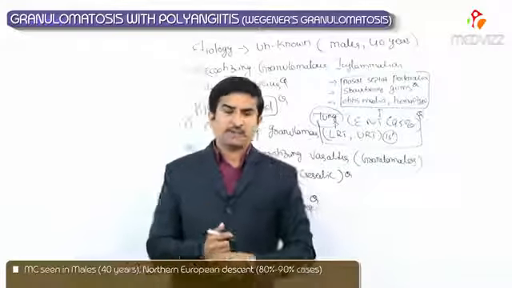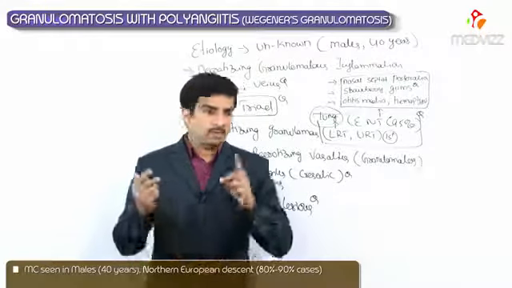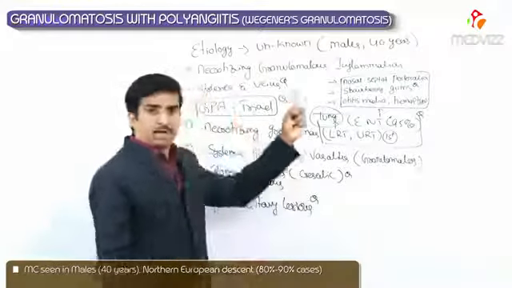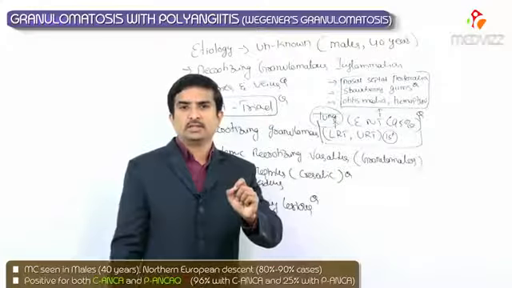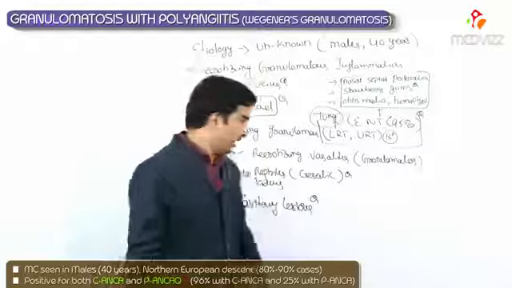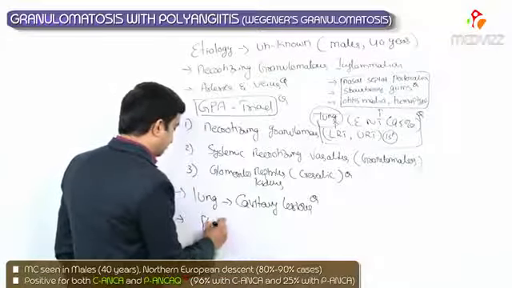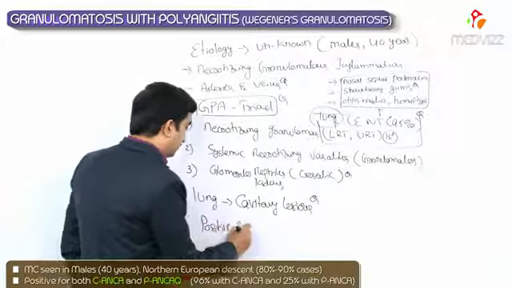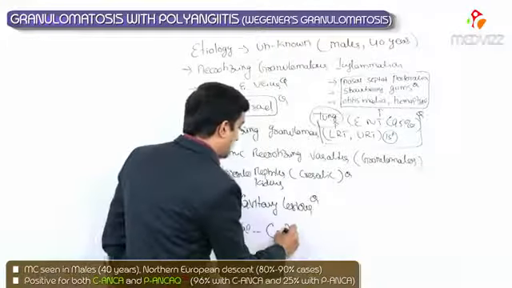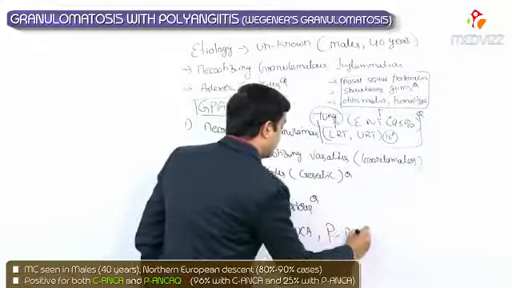Now, when we talk about the lab values, Wegener's GPA is positive for both C as well as P type of anti-neutrophil cytoplasmic antibody. So here is another important MCQ question: positive for CANCA as well as PANCA.